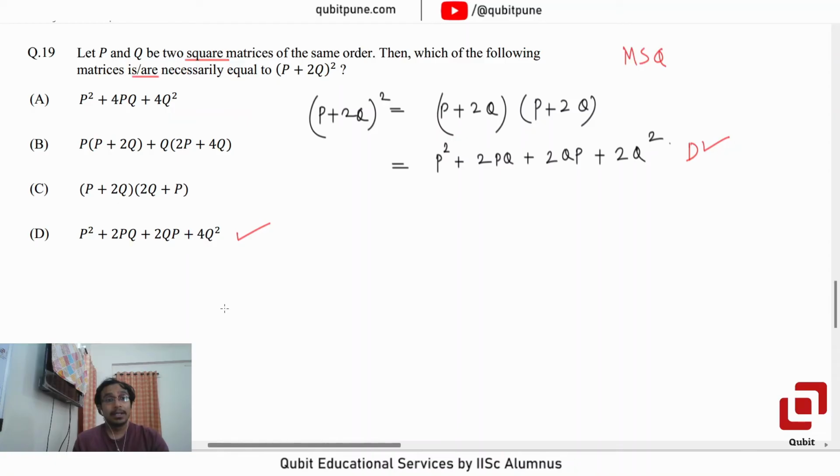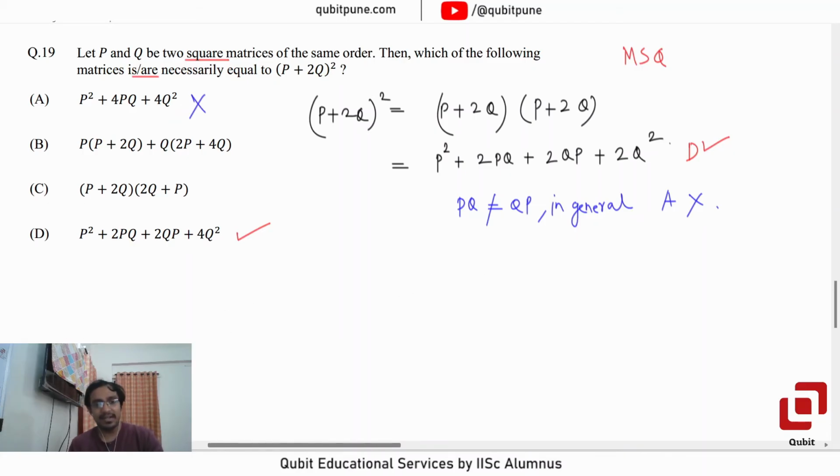Now let us come to A. A can't be right. PQ is not necessarily equal to QP. PQ is not equal to QP always, in general. So A is not right. Now what about option C?